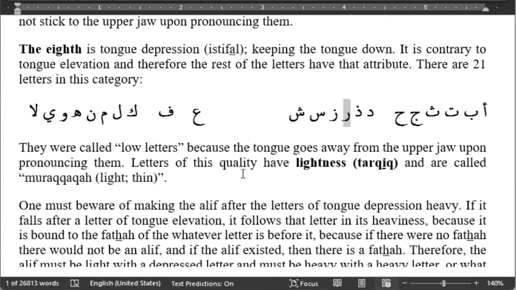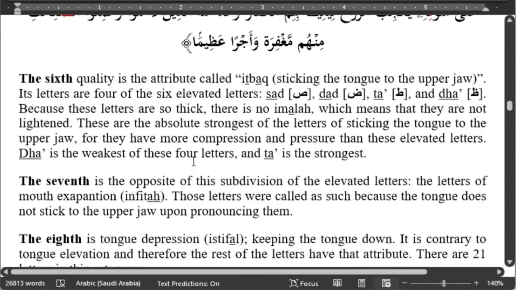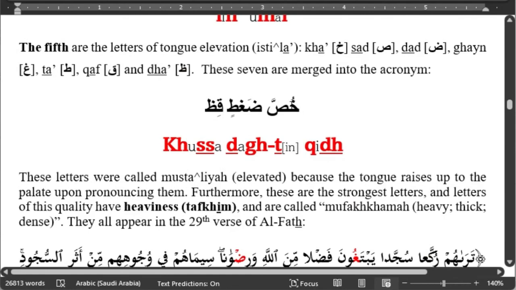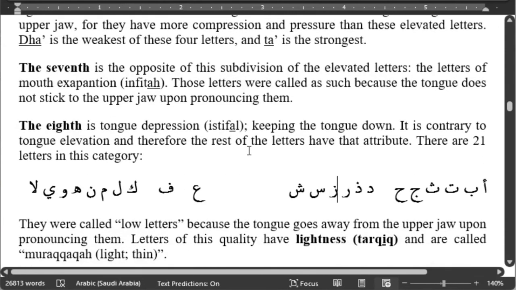Sometimes it's light, sometimes it's heavy. Ra, za, sa, sha, ayn, fa, ka, la, ma, na, ha, wa, ya. That's tarqiq. As opposed to what? Kha, sa, ba, gha, ta, ka, wa. That's tafkhim, heaviness or thickness.